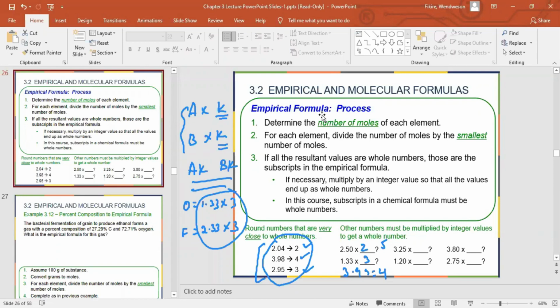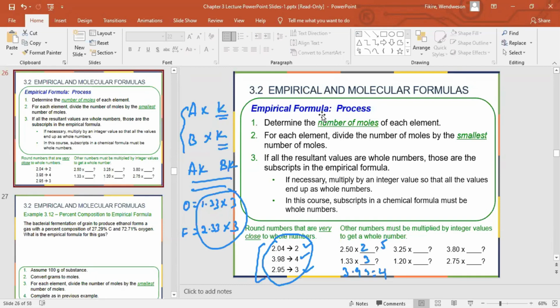So, for example, we have 3.25. What do you have to do with 3.25? Find a number that you can multiply with, and then we are able to convert that into a whole number. It's gonna be 3, right? I'm sorry? I multiplied that by 4.